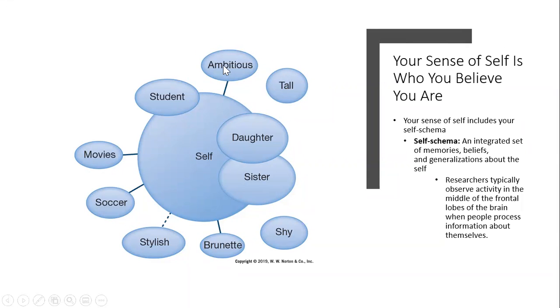I'm ambitious, I would be a professor, I like movies, I'm a brunette, and I'm outgoing. So really, it's just the way that you view yourself and how it's connected with one another. So think about what defines you as a person. Most of you, if you're male or female, you're going to be a son, a daughter, you might be a boyfriend, a girlfriend, and you have other senses of self that help define you.